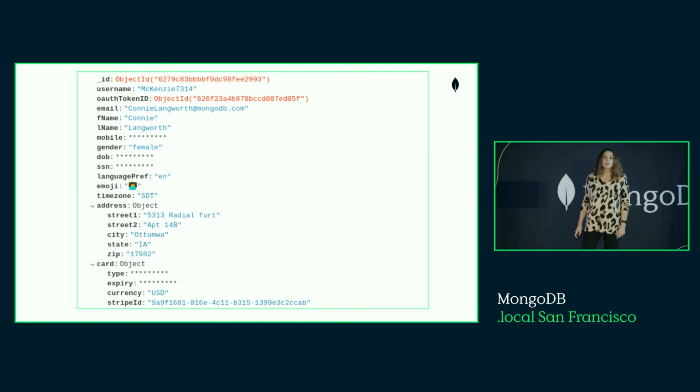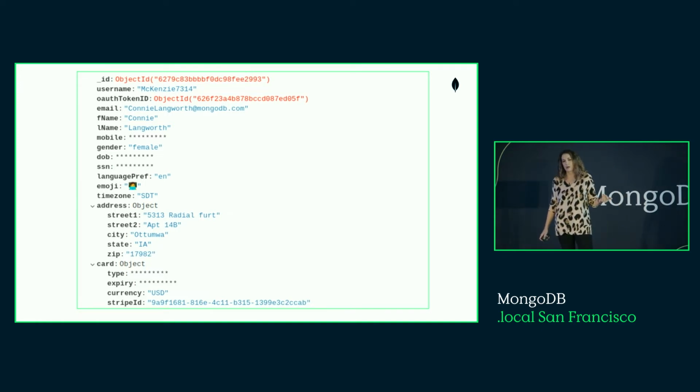Okay. So this is a screenshot of our Compass GUI. If you're not familiar with Compass, it is the UI for MongoDB. We have configured it to show what it would be like for, say, a DBA that doesn't have access to keys, and then for the application, which does. Right here you can see mobile, date of birth, social security number, card type and expiration all have asterisks.